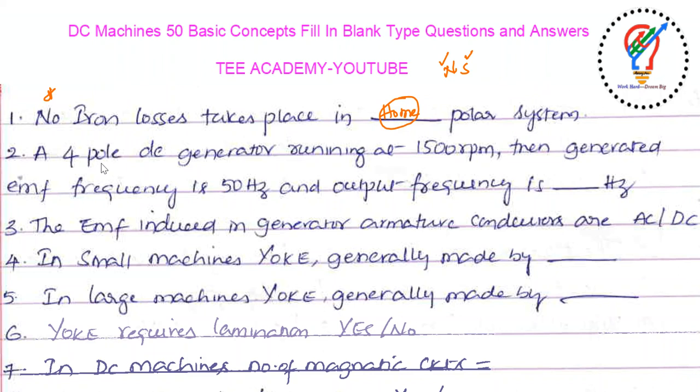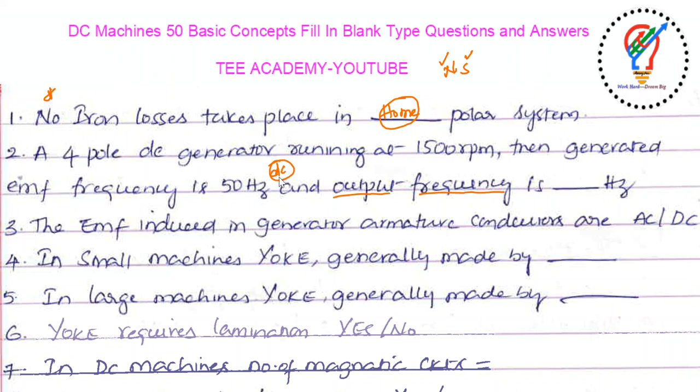Next question: a 4-pole DC generator running at 1500 rpm, the generated EMF frequency is 50 Hz and the output frequency is. The question is about the output frequency, so don't go for the Ns = 120f/P formula. Think about the question logically. It is a DC generator, so the output will be DC only.